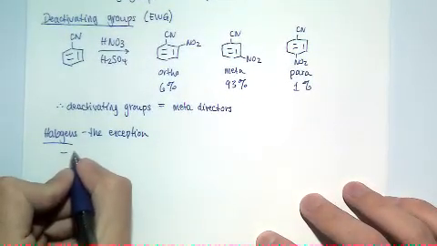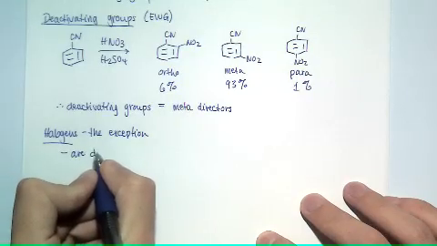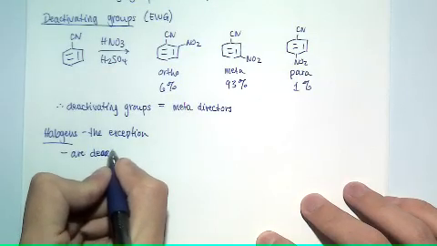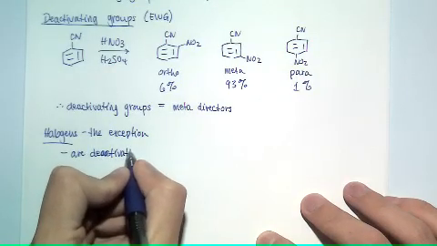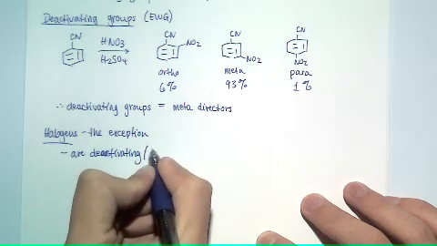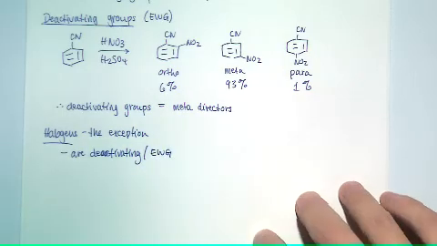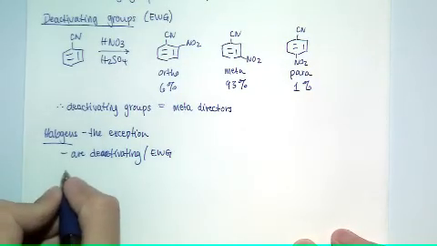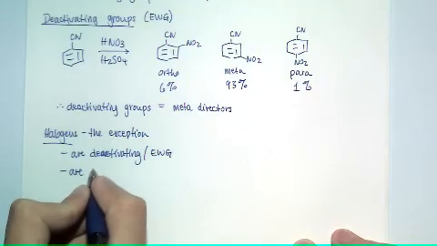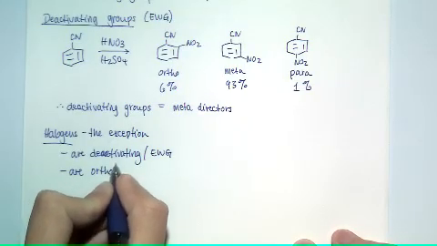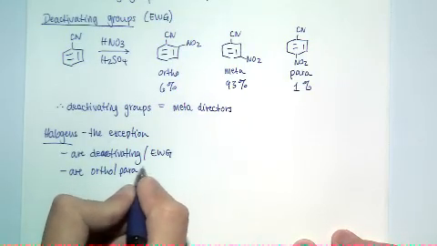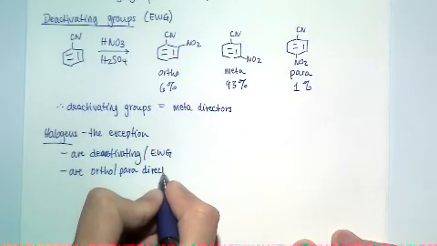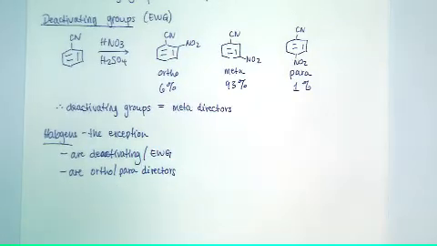Halogens are deactivating, electron withdrawing mainly because of induction, but whatever. So they're deactivating groups, but they're actually ortho-para directors.